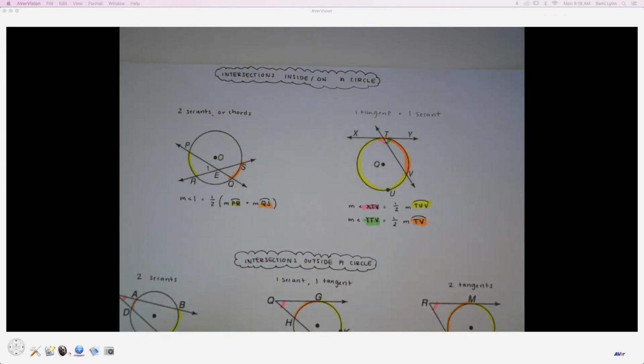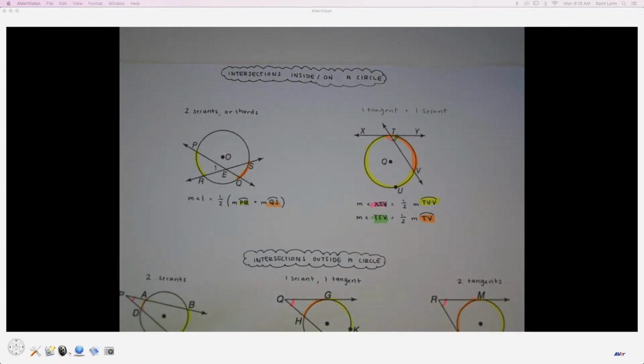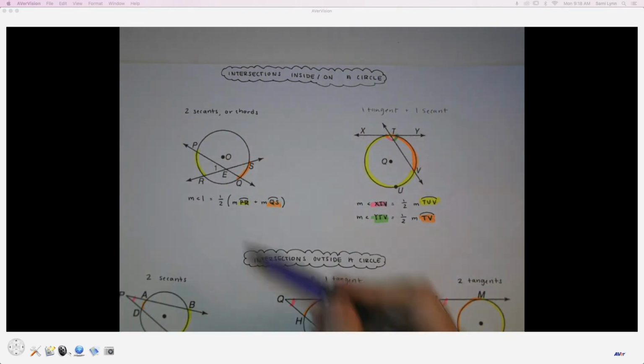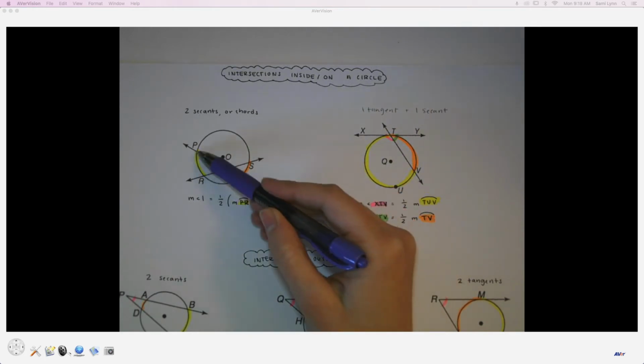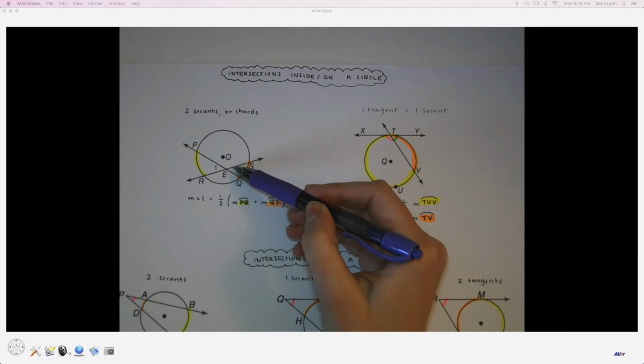So let's take a look at the top two first. We're looking at when we have lines intersecting and it forms angles inside or on a circle. Last time we talked about what happens when two chords intersect. We look at the arcs that they're intersecting, and I know that these two angles are not central angles.